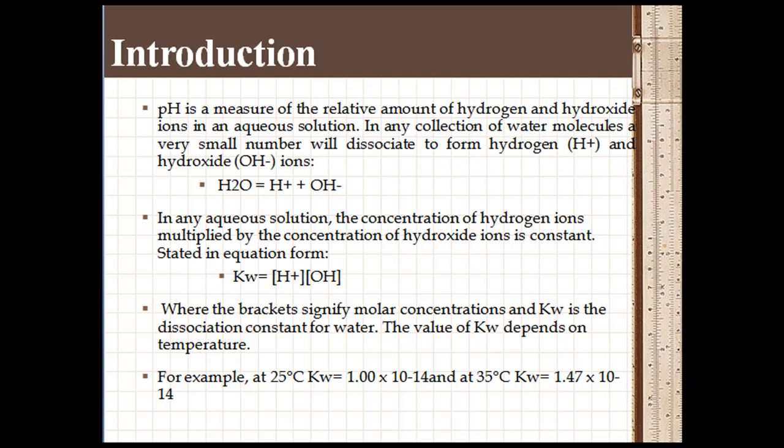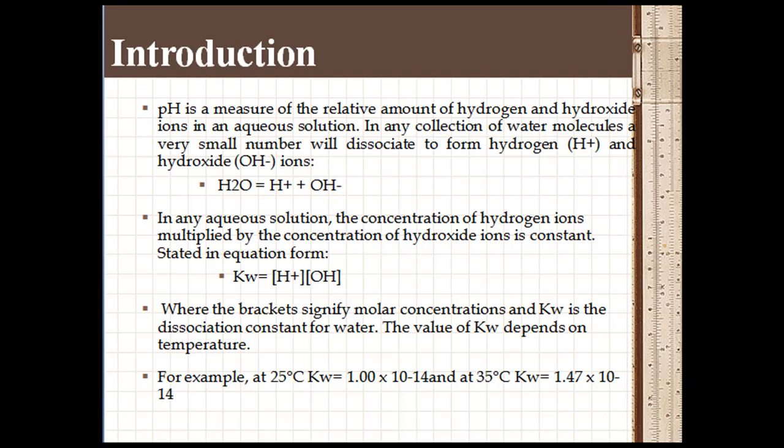per liter. In aqueous solution, the concentration of hydrogen ions multiplied by the concentration of hydroxide ions is constant. That is, Kw equals [H+] [OH-], where the brackets signify the molar concentration and Kw is nothing but the dissociation constant of water.